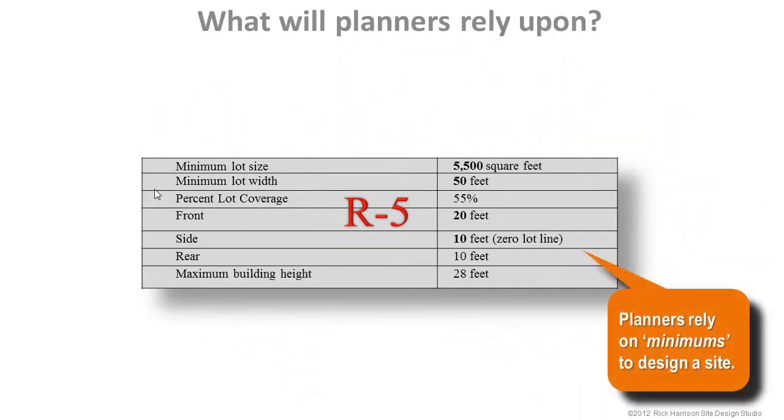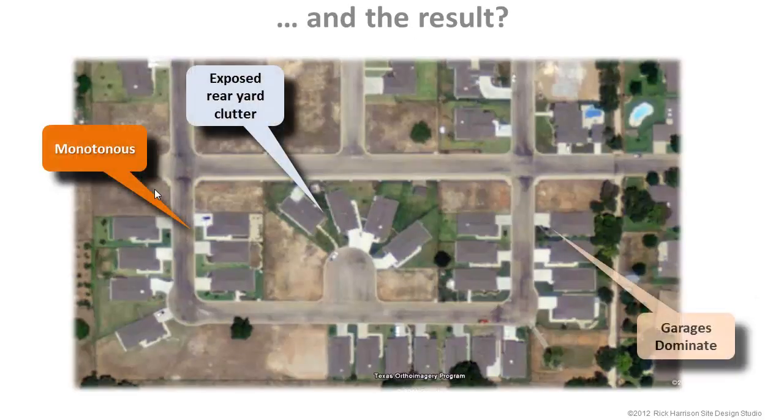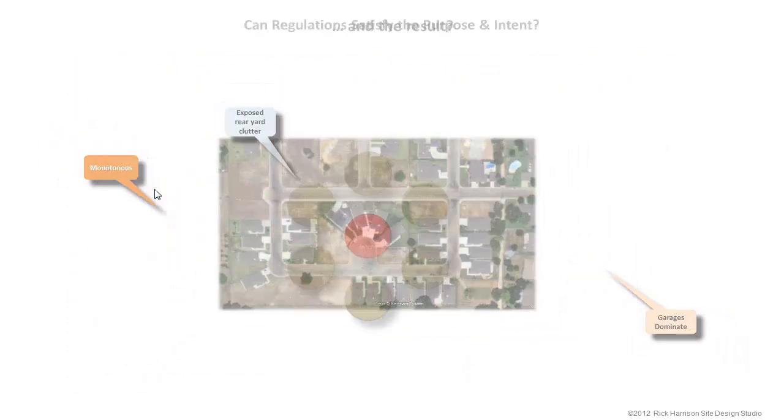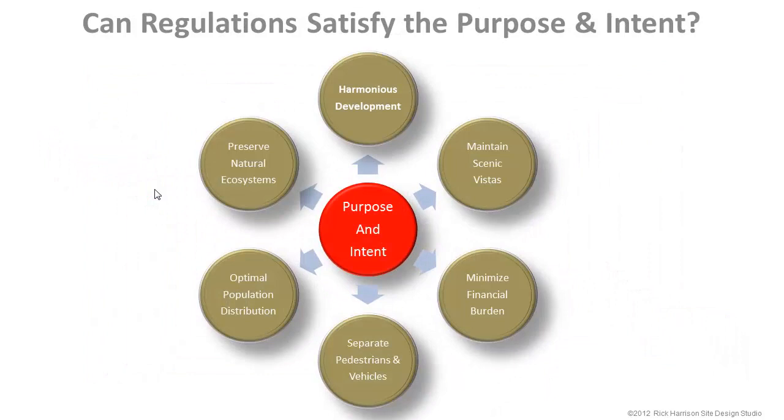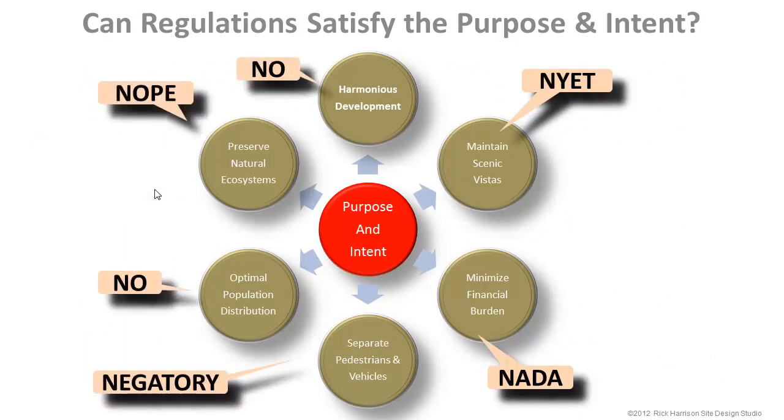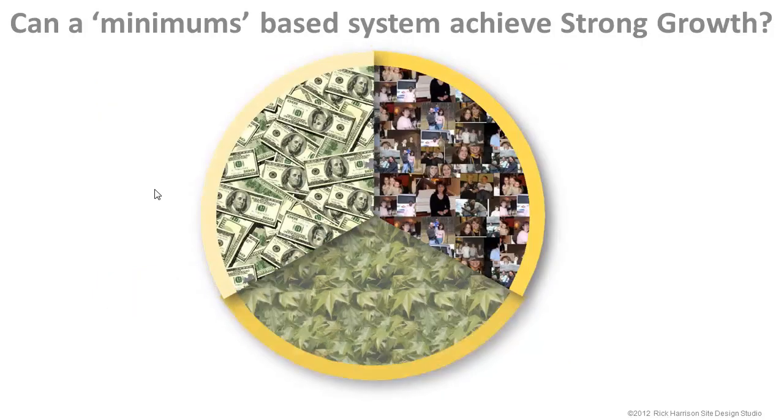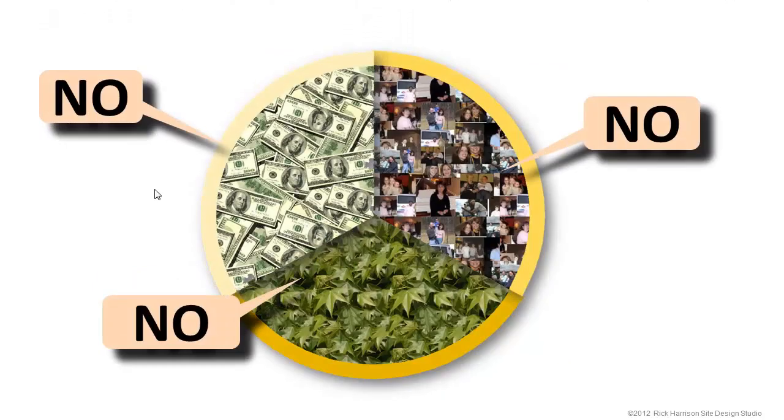They look right at the regulatory minimums and they try to squeeze every single unit out of that development to the regulatory minimums. This isn't true only in Fredericksburg, Texas, but all around the world. And the result is this cookie cutter world that we live in. There's no way the minimums can ever satisfy the purpose and intent, nor can they ever achieve sustainability.